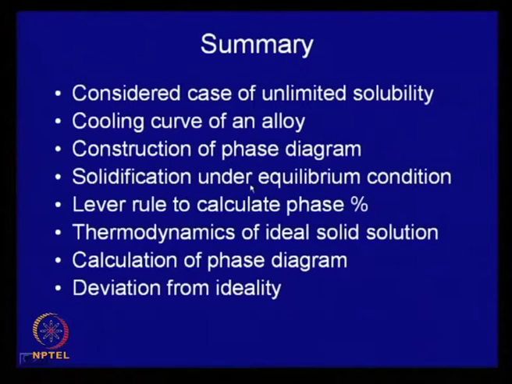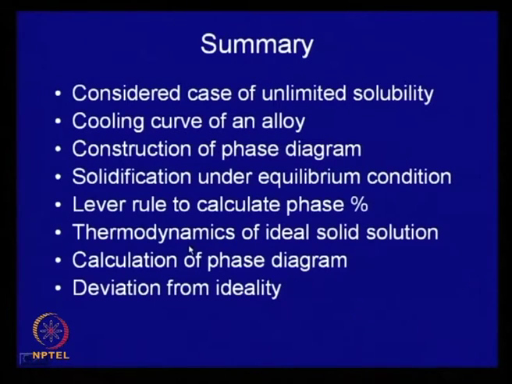So, we can say that this gives you the structure of the alloy if it is cooled under equilibrium conditions. We also talked about the lever rule, which helps us calculate phase percentages at a given temperature, and this is a general rule we will use with phase diagrams to interpret microstructure evolution.